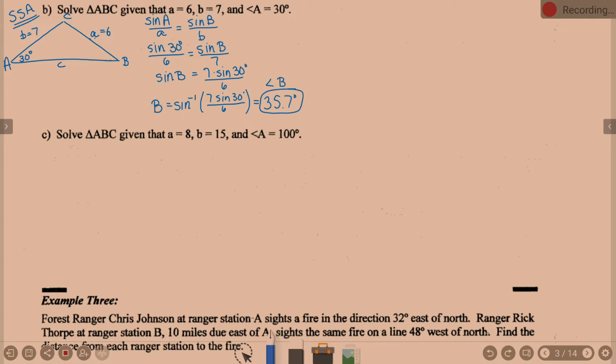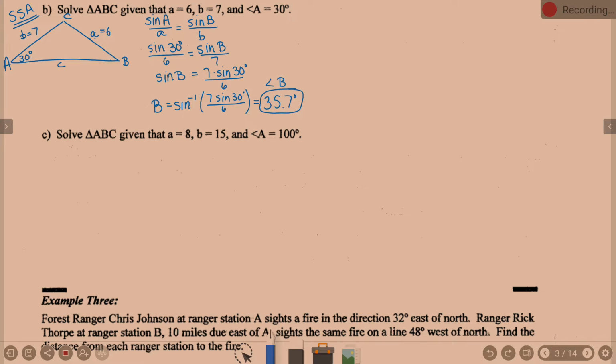With that in mind, we have angle B. What's next? Angle C. How do we find angle C? 35.7 plus 30. We can't find side C until we know angle C. I didn't set this up very well, did I?